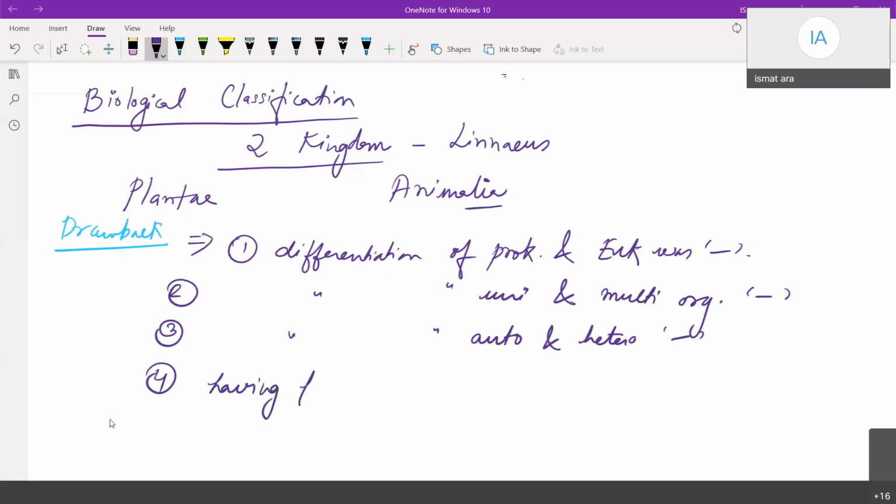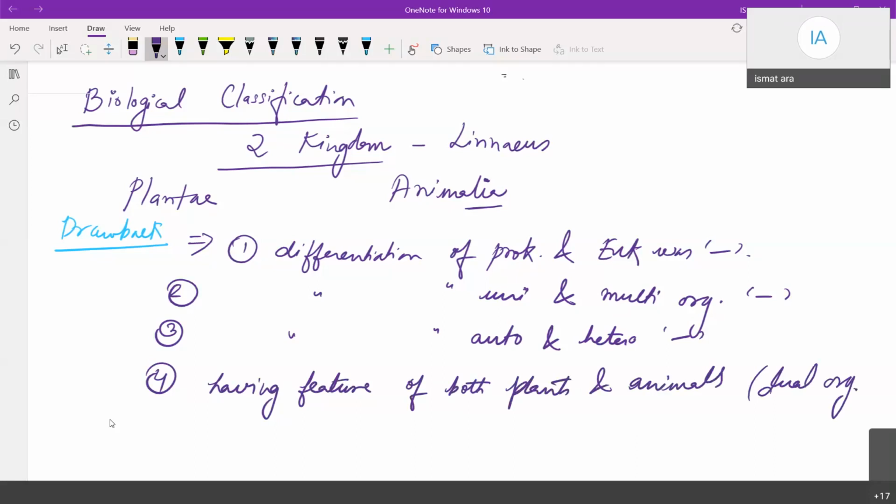And one more disadvantage: some organisms have features of both plants and animals. Means they are dual organisms. We have seen prokaryote and eukaryote, like bacteria as well as angiosperm. Bacteria is a prokaryote, angiosperm is a eukaryote. Both differentiations are absent. Why? Because both are placed in the plant kingdom.